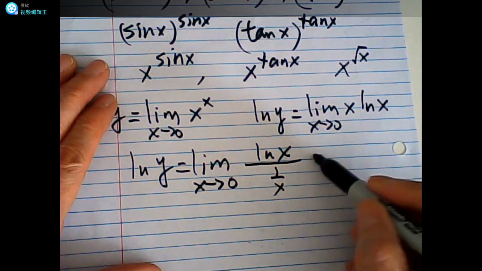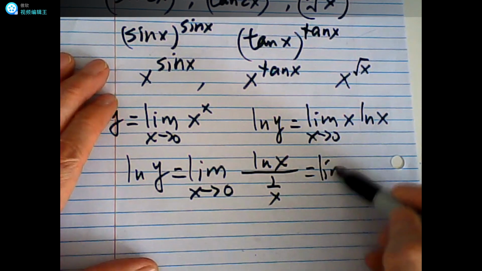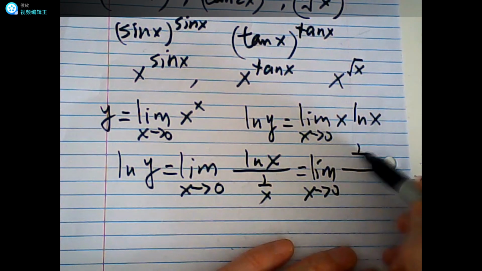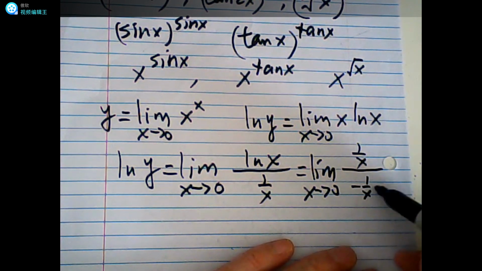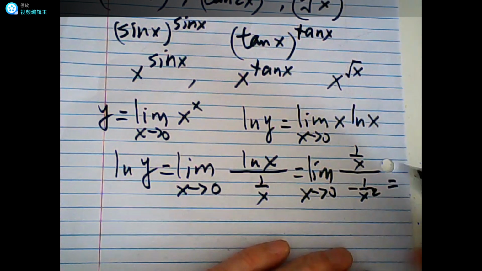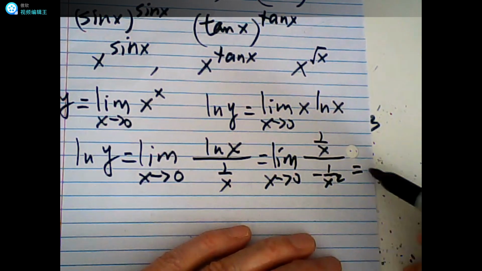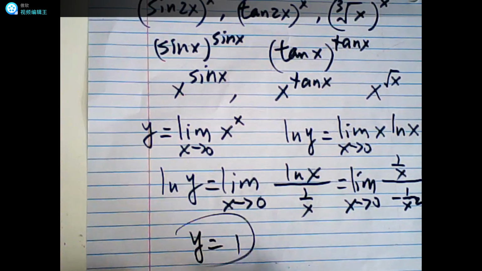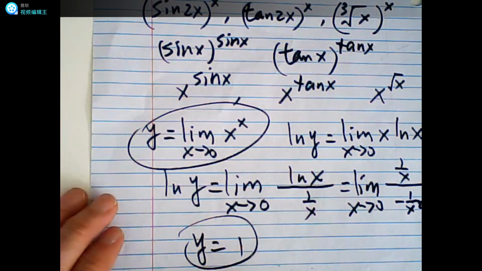Then we take the limit after the derivative. This is 1 over x, this is 1 over x squared. So after canceling, this is equal to 0. Therefore y is equal to 1. In other words, this limit is 1.